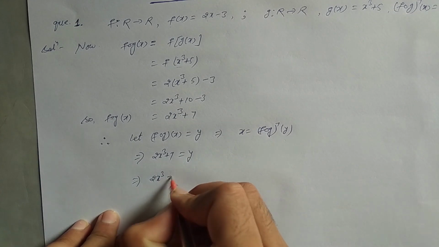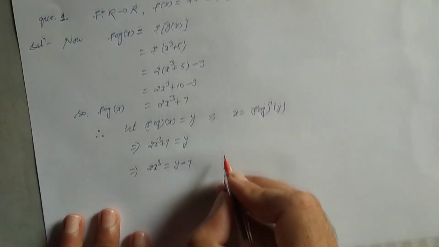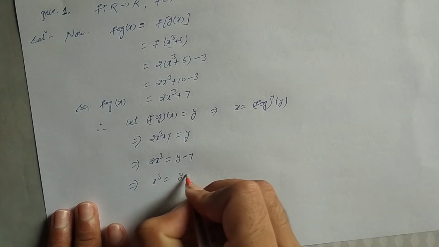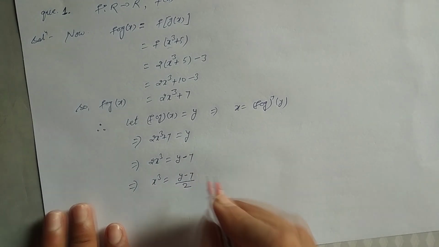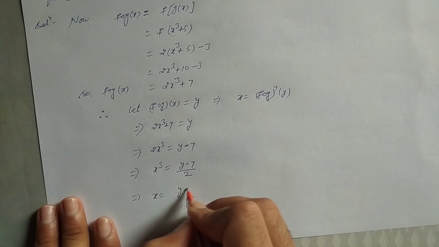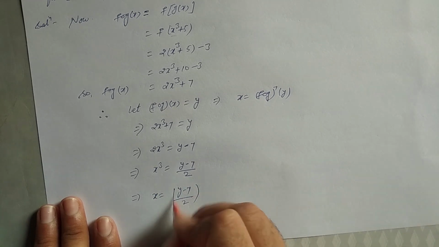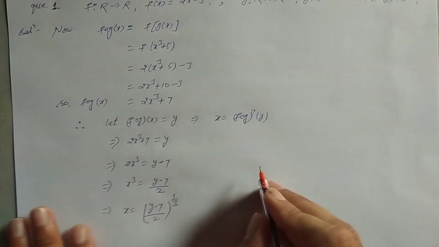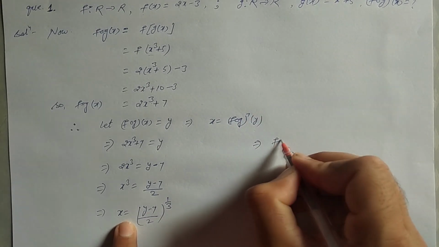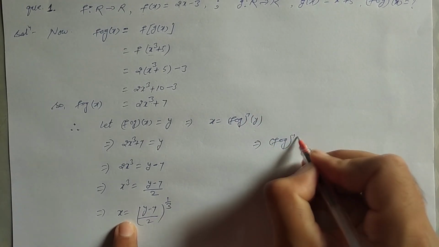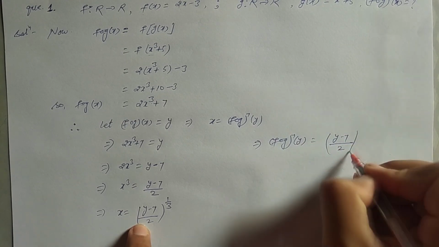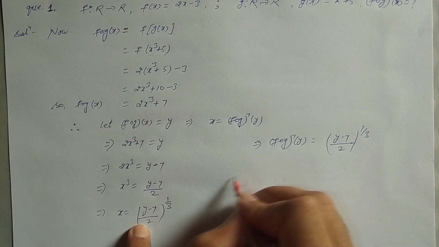2x cube is equal to y minus 7, implies x cube is equal to (y minus 7) by 2, implies x is equal to ((y minus 7) by 2) power 1 by 3, implies x is equal to (fog) inverse of y. So (fog) inverse of y is ((y minus 7) by 2) power 1 by 3.